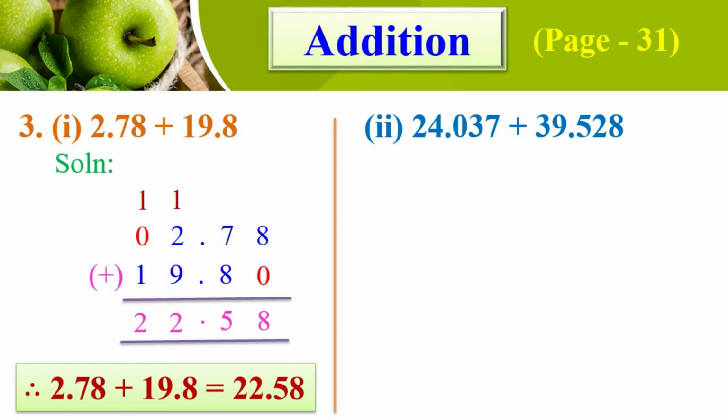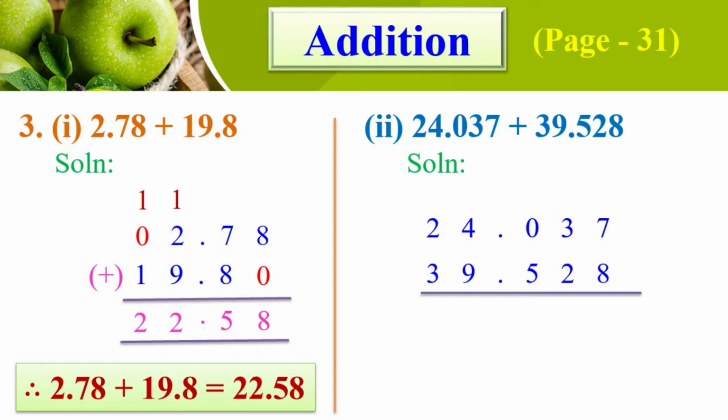Let's see the second question: 24.037 plus 39.528. Let us find the solution. First take 24.037, then take 39.528. Let's start. Add the values. 7 plus 8, 15. Place 5, 1 carry. 3 plus 2, 5. 5 plus 1, 6. 0 plus 5, 5.